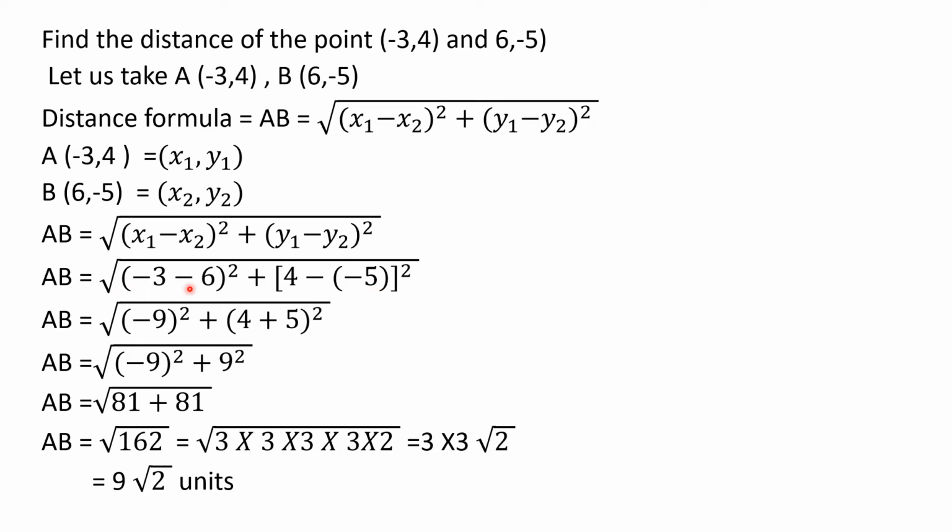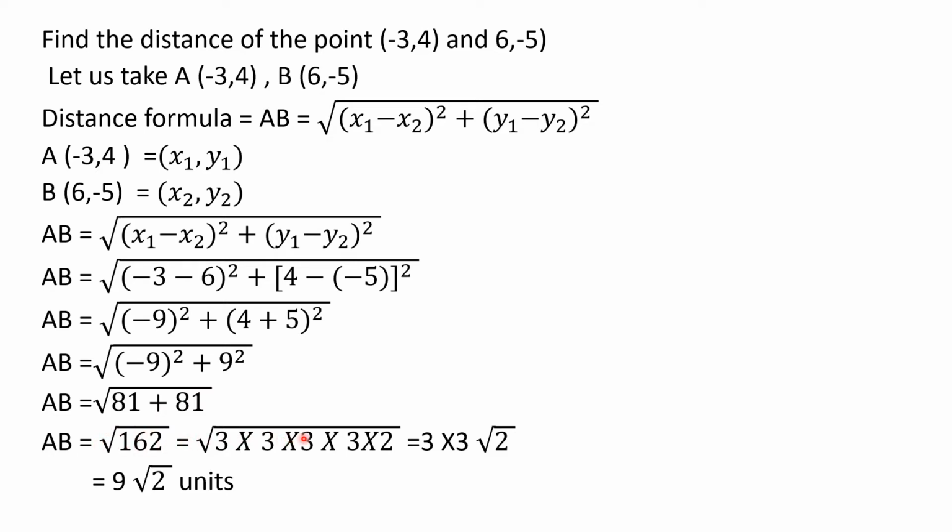So minus 3 minus 6 is minus 9 the whole square. Minus into minus will become plus, 4 plus 5 the whole square. So this will become minus 9 square plus 9 square. Minus 9 square is minus 9 into minus 9, which is 81, plus 81, that will become square root of 162.